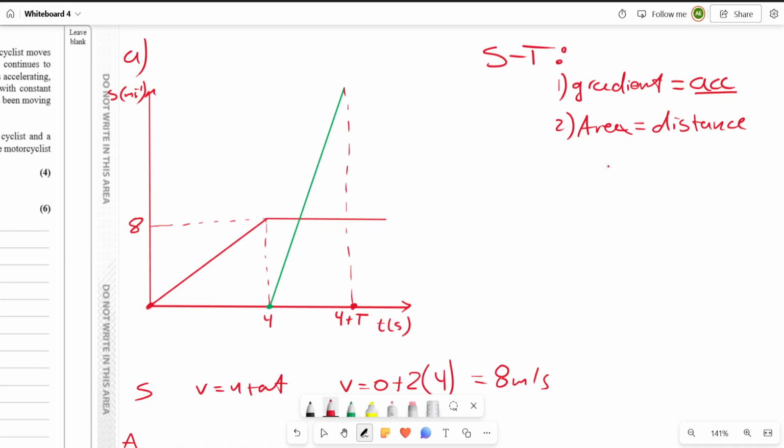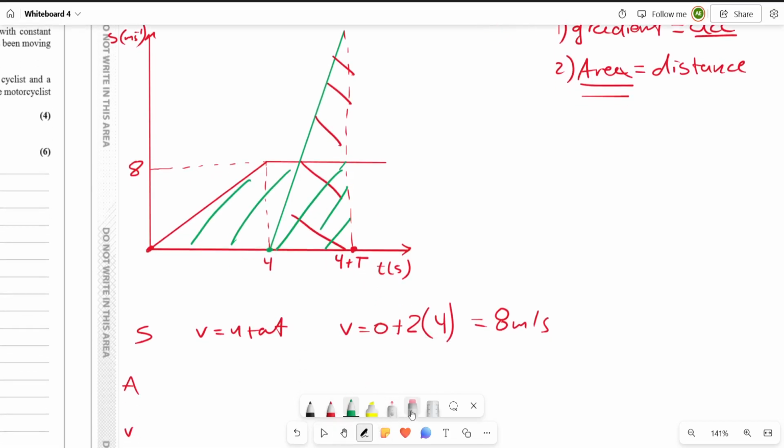So they overtook each other when the distances they moved are the same, which means that the overtaking happens when the areas under each graph are the same. So basically when this area is the same as this area over here. Yeah, this is the point where overtaking happens.